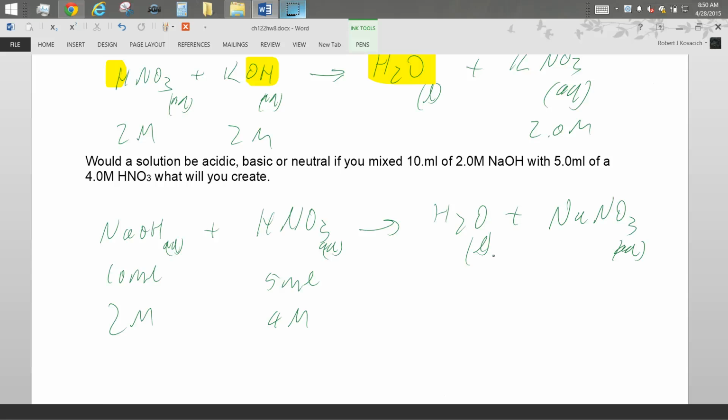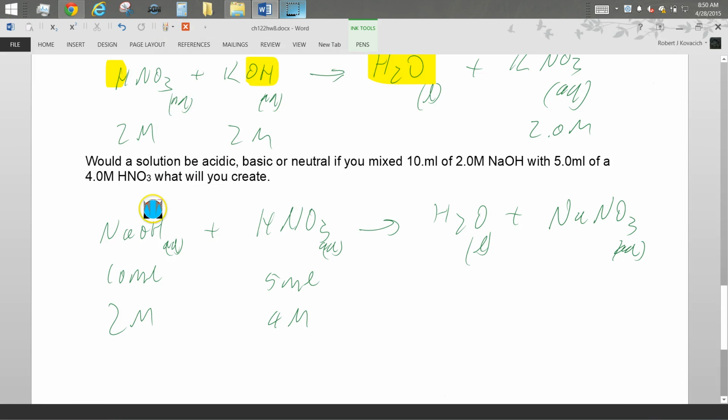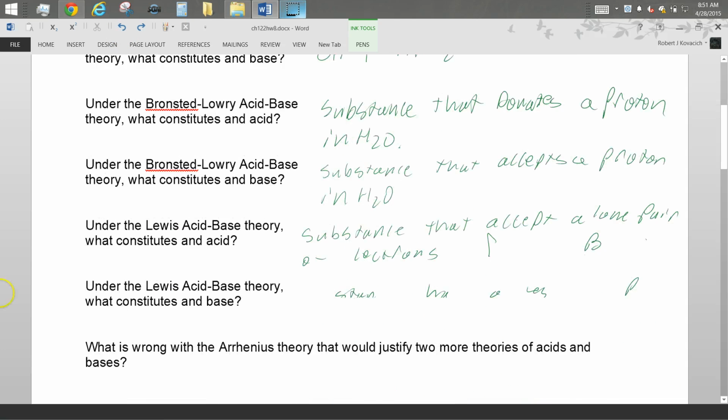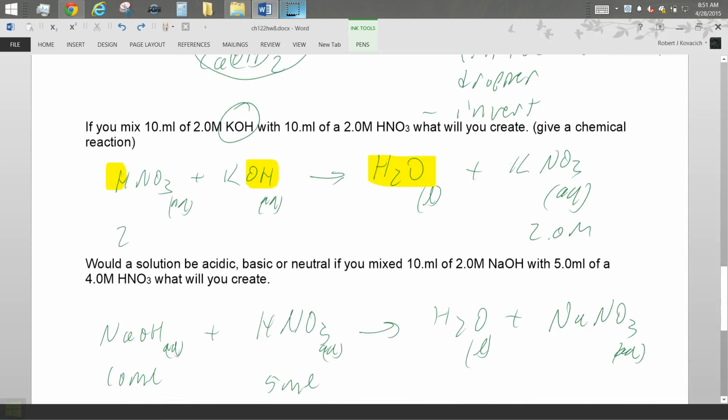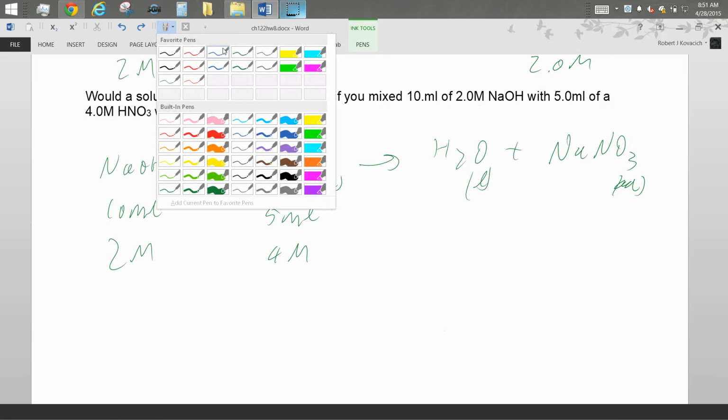Forget about what the concentration is, just tell me, is there any leftover? This is my base, right? When you guys were messing around with the litmus paper last time, bases were what color?